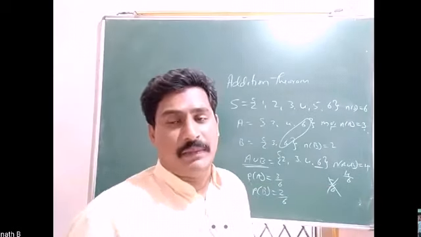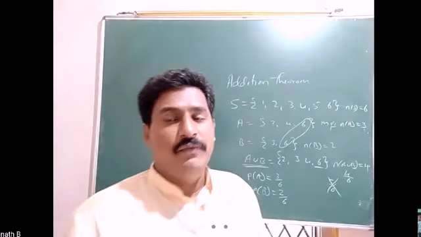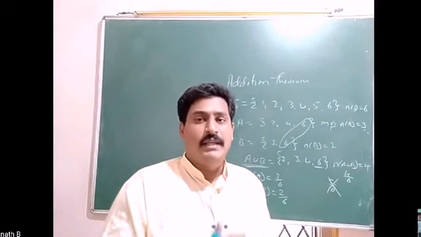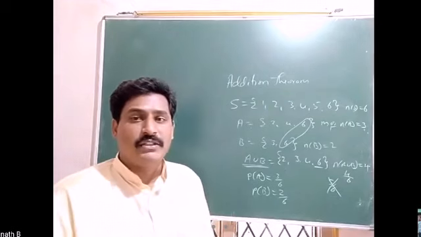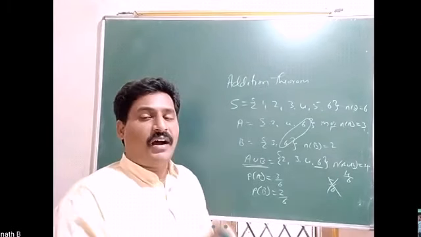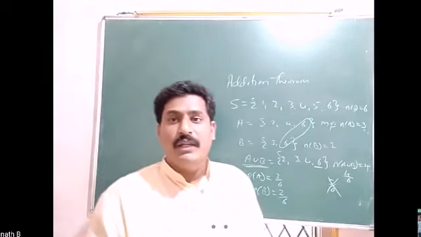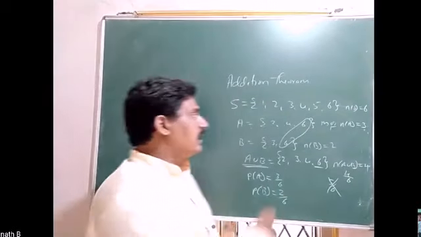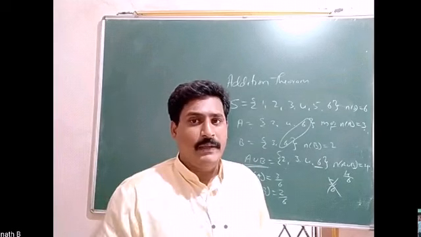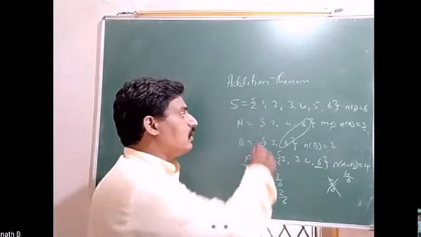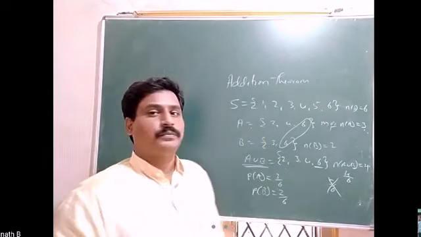Why does that happen? Because here we should see whether both events are mutually exclusive or not, and whether all the events are equally likely or not. Here all the outcomes are equally likely, but they are not mutually exclusive.